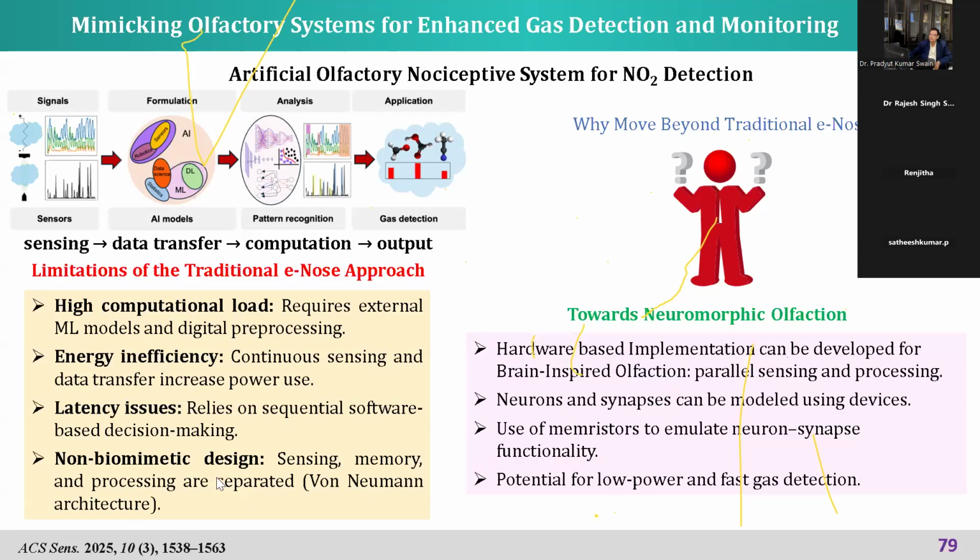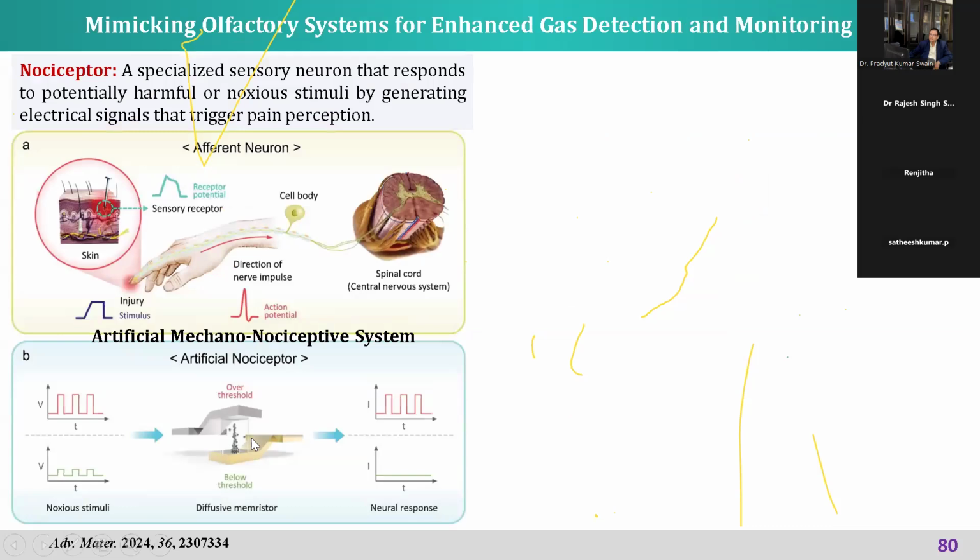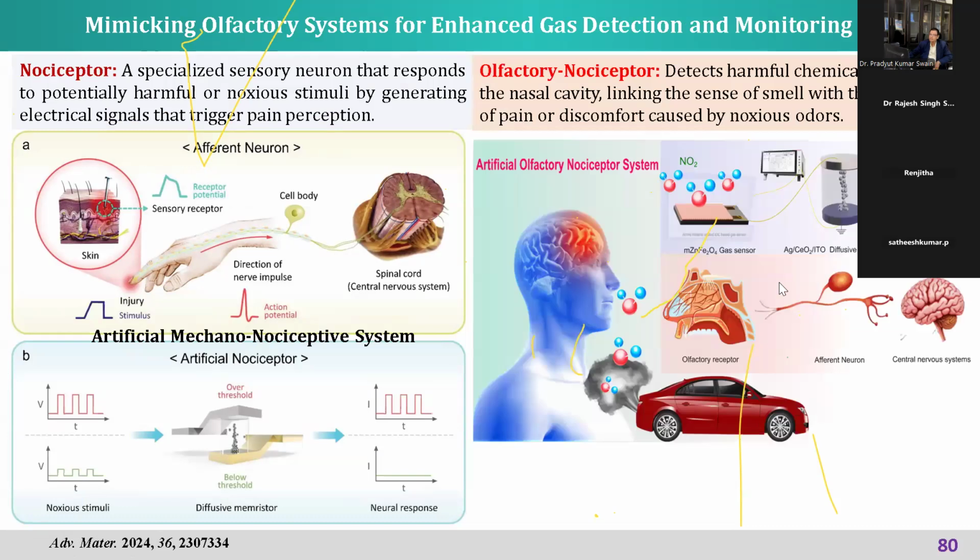I'll just show you how it is working. When we have a concentration above a certain threshold, maybe I'll show you. Before going to the detail, I'll show you how this system looks. We have a gas sensor connected in series to a resistive switching device.